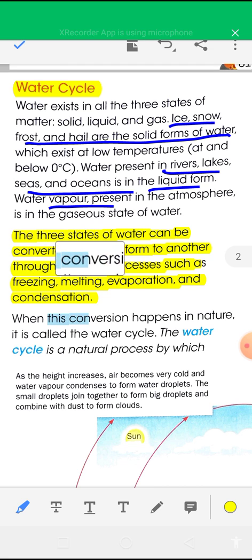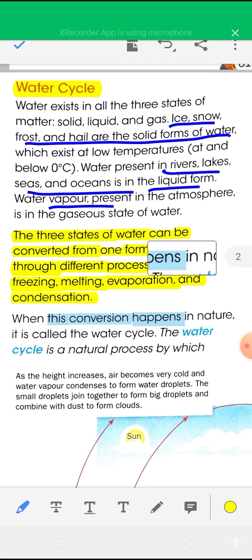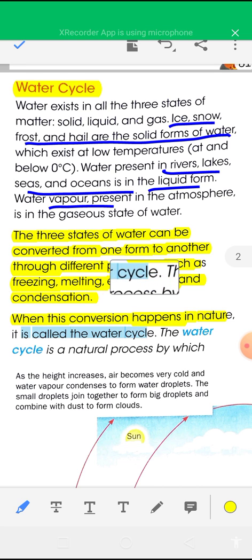When this conversion of water from one state to another happens in nature, it is called the water cycle.